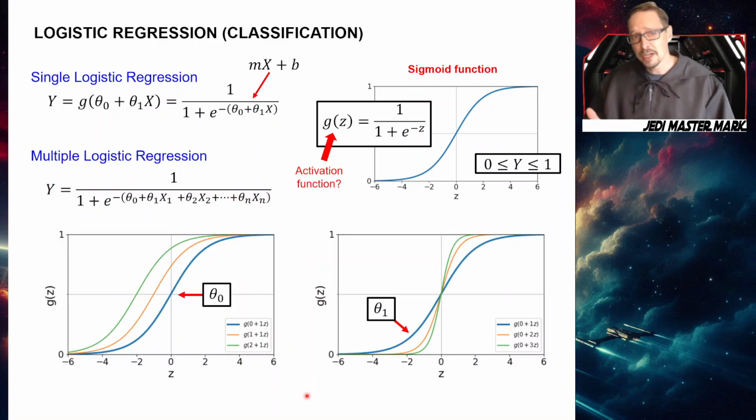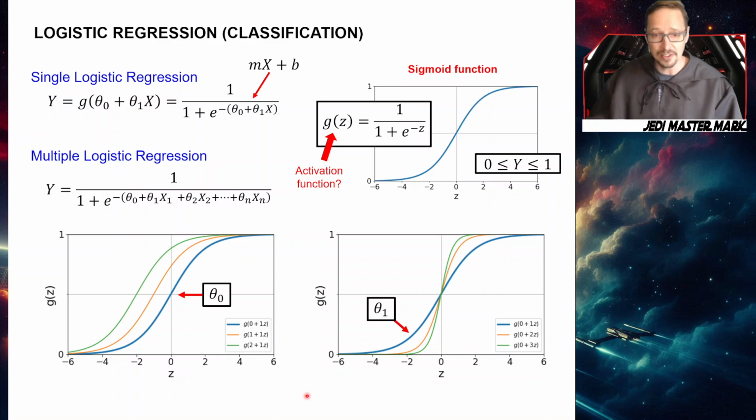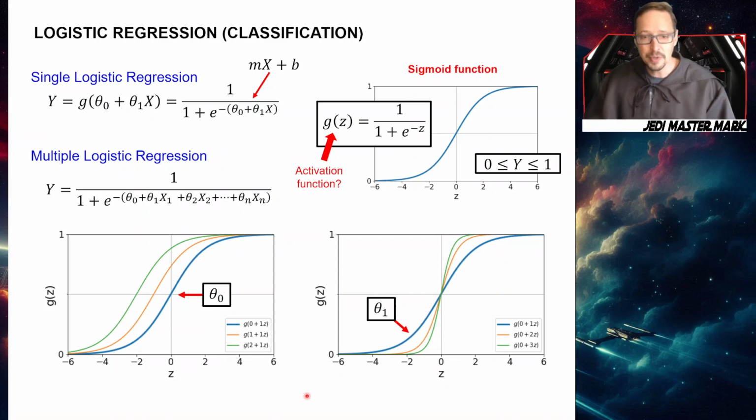Logistic regression actually solves that problem, and we'll get into loss functions in a little bit. But before we go there, we've got this linear part, and you can extend this to multiple logistic regression.